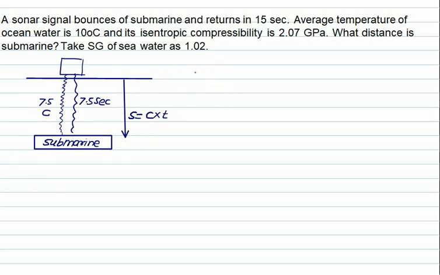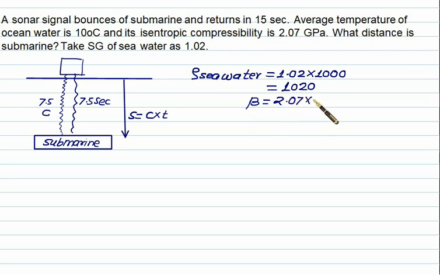Now this time we have given the specific gravity of seawater as 1.02. So we have density of seawater is 1.02 multiplied by 1000, that is equal to 1020. We have bulk modulus is given as 2.07 into 10 to the power 9 Pascal. So velocity of sound will be under root of beta by rho, which is equal to under root of 2.07 into 10 to the power 9 divided by 1020.